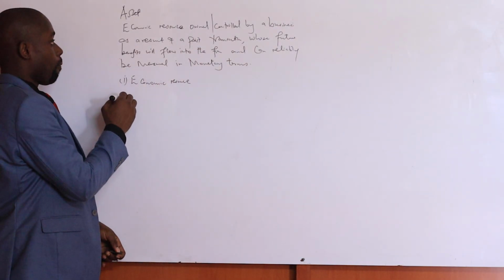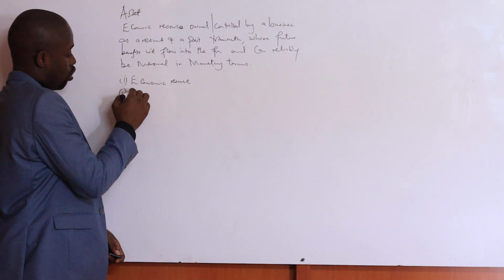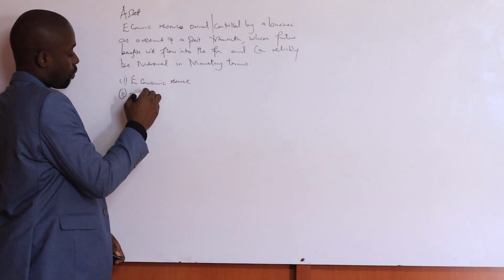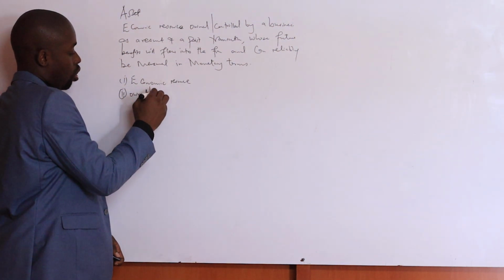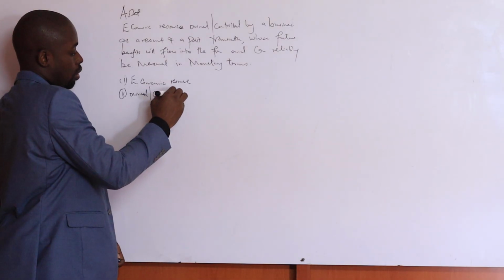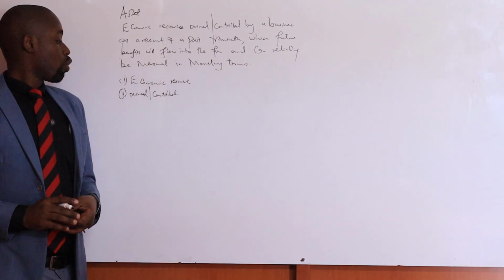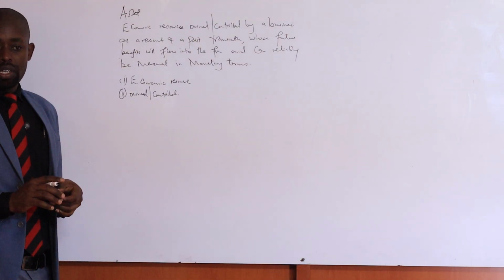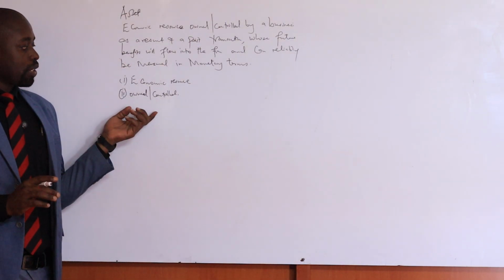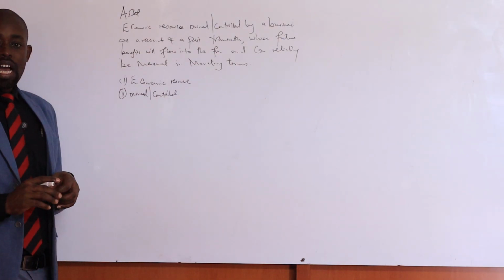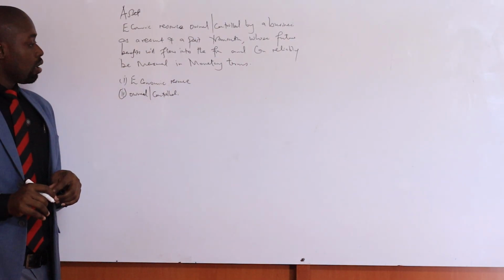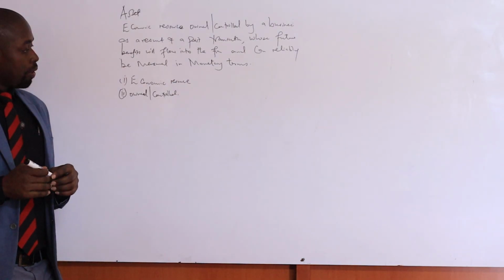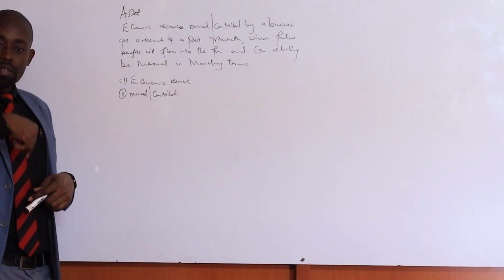Number one. Number two, ownership or control. It must be owned or controlled. Ownership comes from somebody having a document of title. When do I have a document of title? Either I bought the item or I inherited it, and the document of title is in my name.